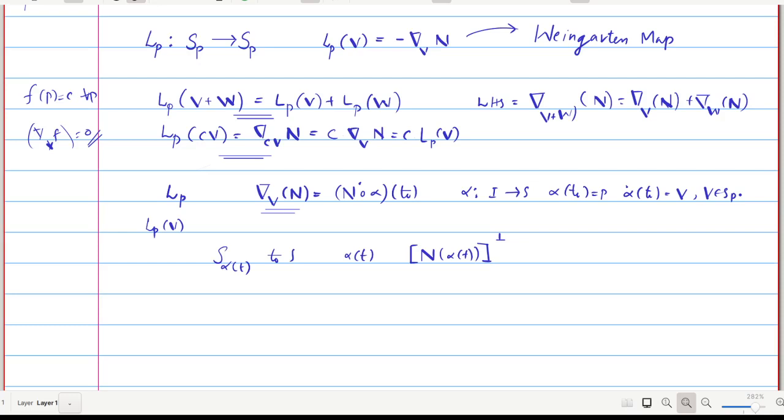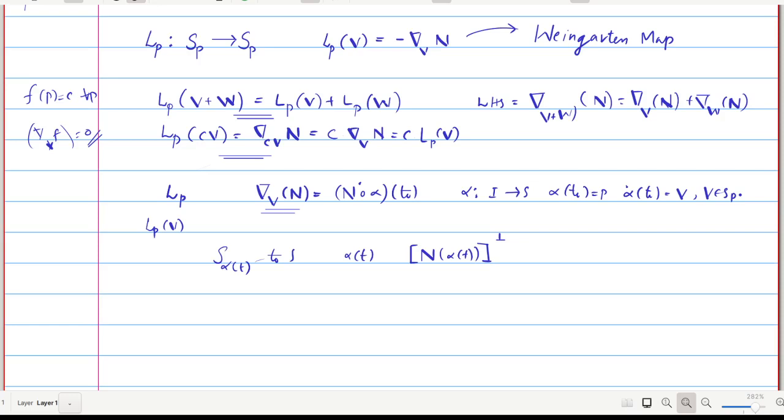In fact, this L_P V indirectly collects the turning of the tangent space, without our considering ∇_V n directly right now. We directly consider the turning of the tangent space at alpha of t when you evaluate this L_P.